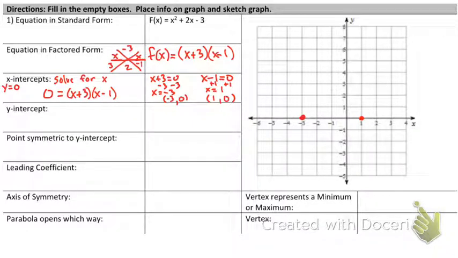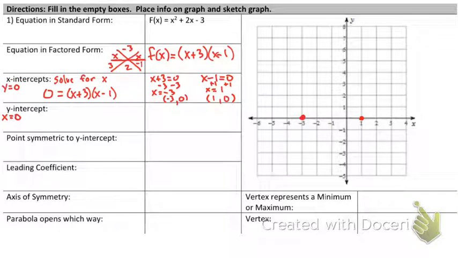Now to find the y-intercept, we're going to take our equation. Okay, you could take either this equation or this equation. I prefer standard form equation. And instead of y being 0, x is going to equal 0. So to find the y-intercept, x is going to be 0.